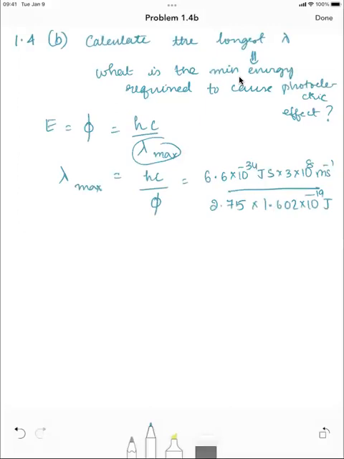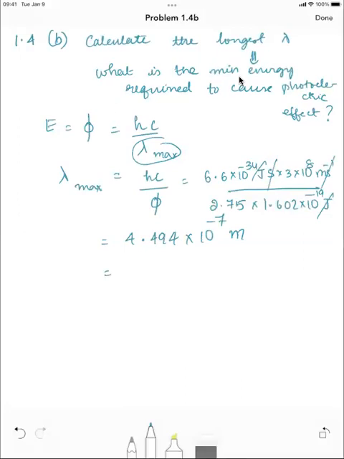Now, if I multiply 6.6 times 3 and divide it by 2.75 and then 1.602, I end up with 4.494 times, now let me bring together the powers of 10, 10 to the negative 7 meter, right? The joule and the joule get cancelled, the inverse second gets cancelled, and the meter remains.